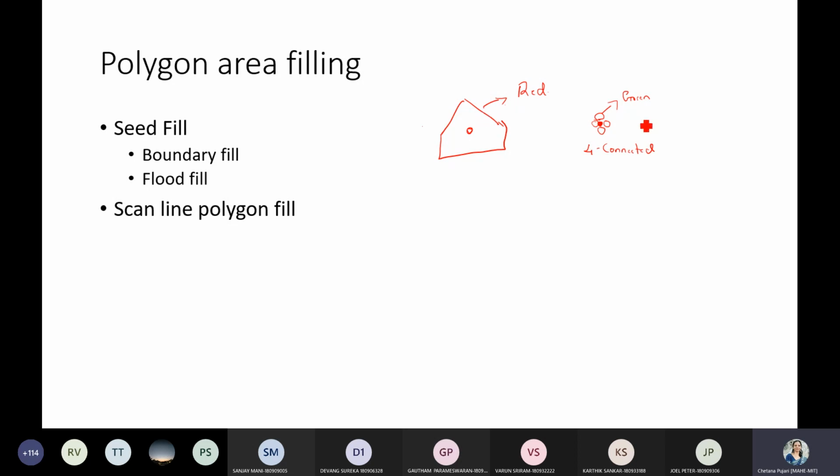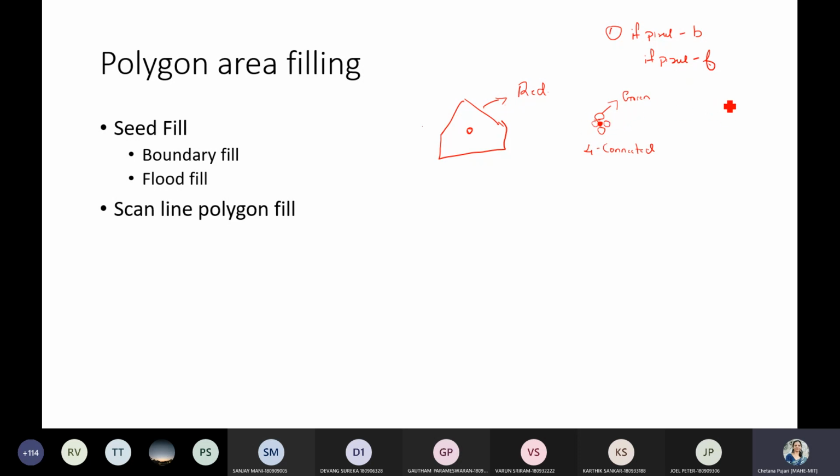So the first condition is whether the pixel is colored with the boundary color, and next you check whether the pixel is colored with the fill color. These two you have to check. Only if both conditions are not satisfied, then you are going to color it. So this is for the 4 connected method.